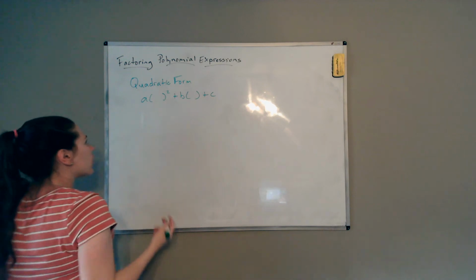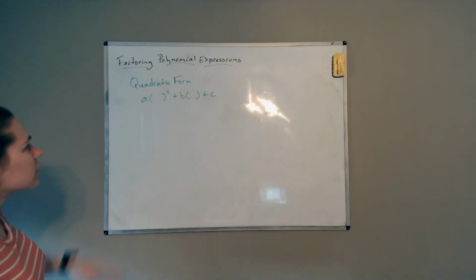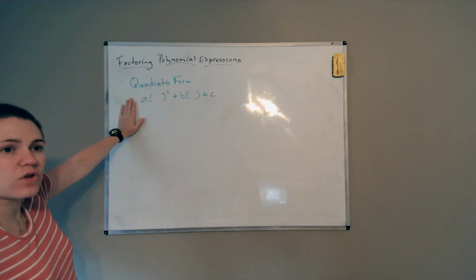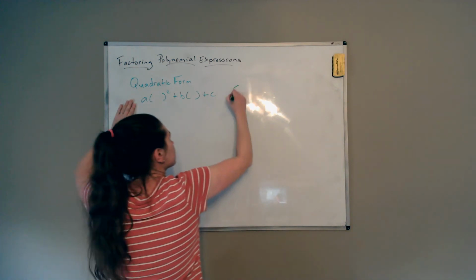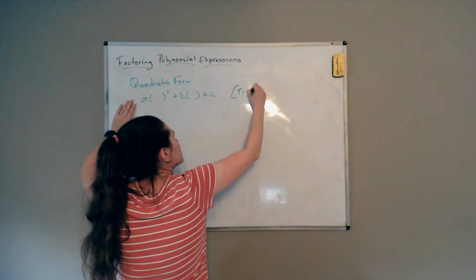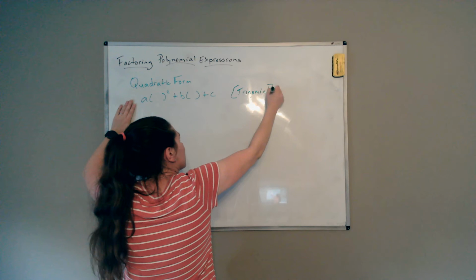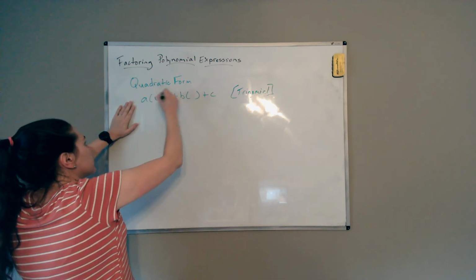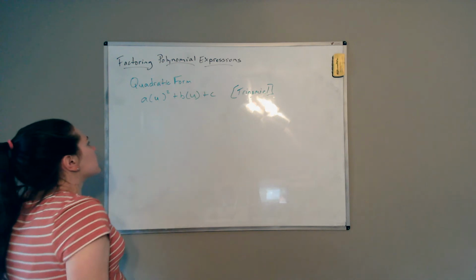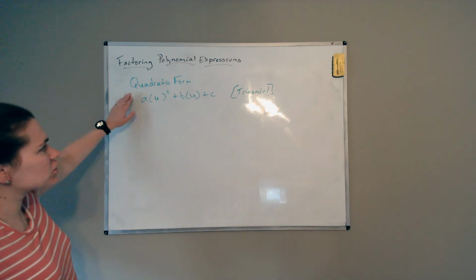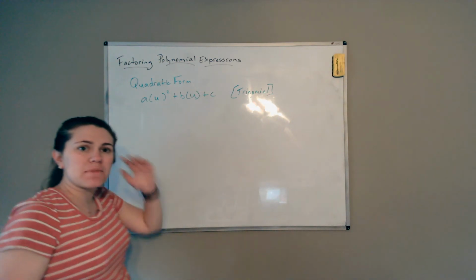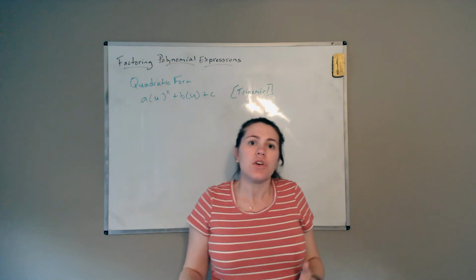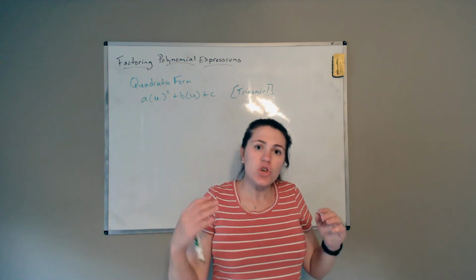So if you could take any trinomial and write it so that it mimics a quadratic, in this case I'm going to use the letter U, you can factor it using the AC method.